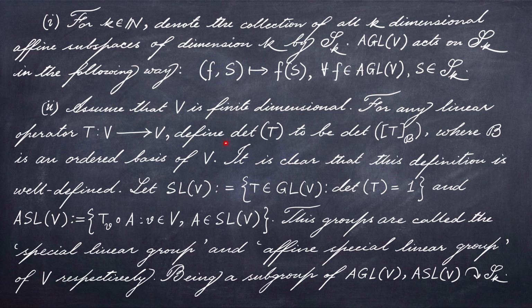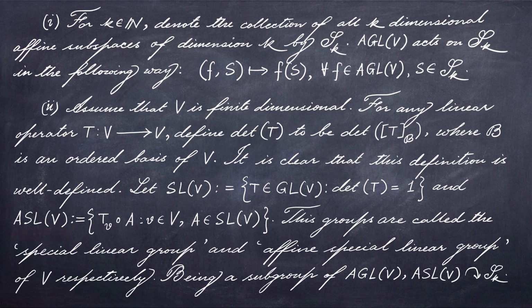Once I have defined the notion of determinant of a linear map without any ambiguity, we can consider the collection of all linear maps whose determinant is 1. This is of course a subgroup of GL(V), and as earlier we can then consider ASL(V).